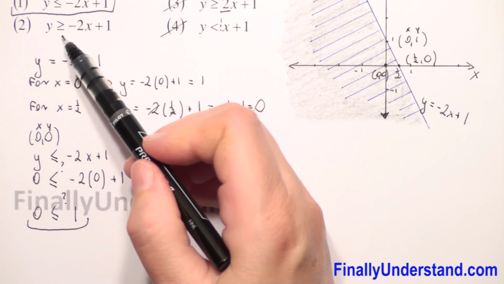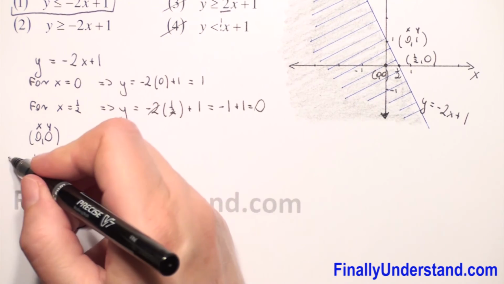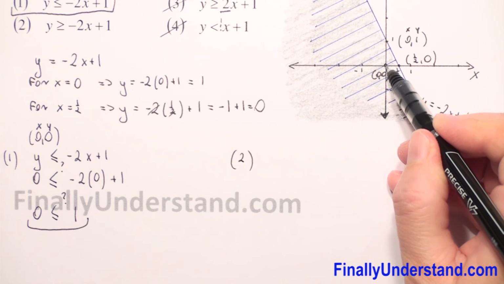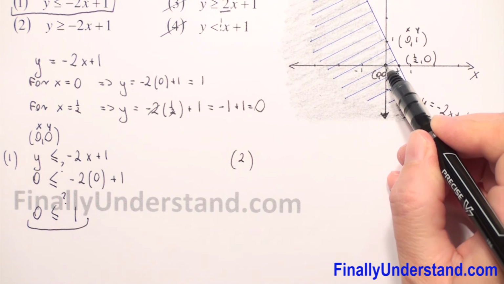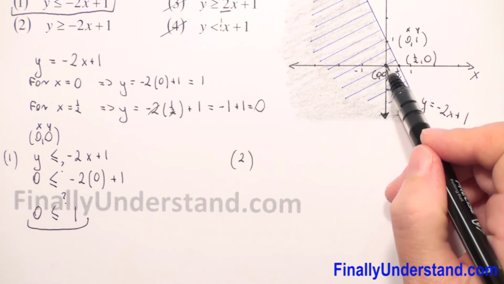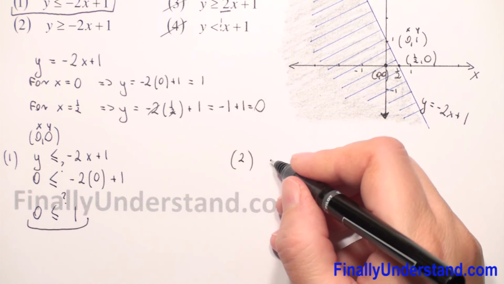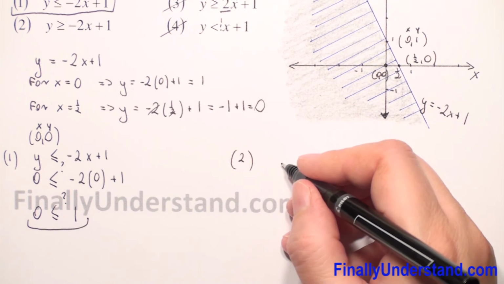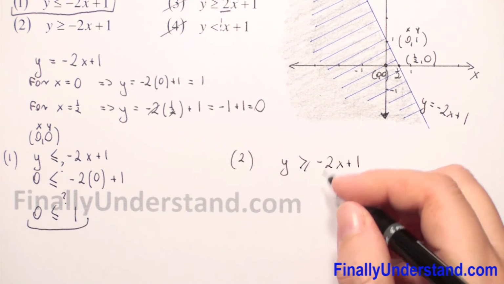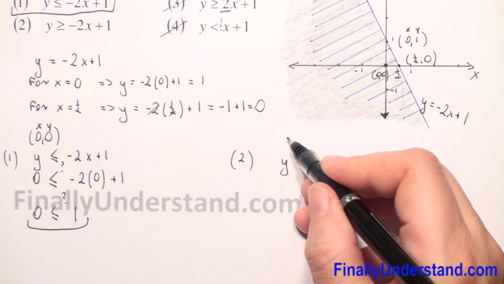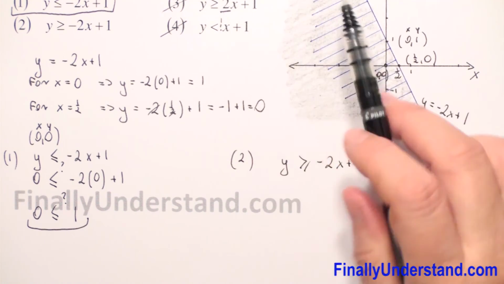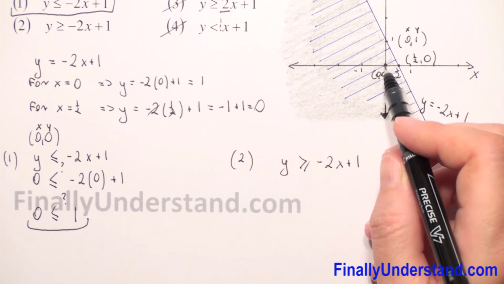Let's see what will happen if we use the second. This was the first. The second. And I choose the same point because I always have to choose a point which is in the shaded area, and the easiest to substitute x and y coordinates. So we copy the second inequality, y is greater than or equal to negative 2x plus 1. We have to choose a point which is in the shaded area. I can choose again the same point.